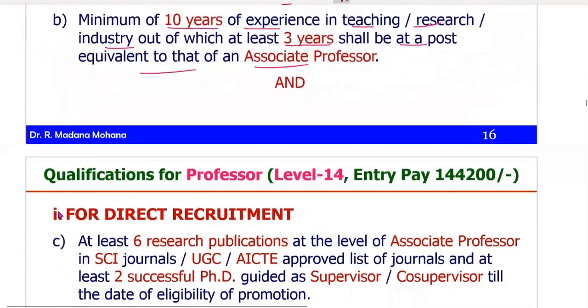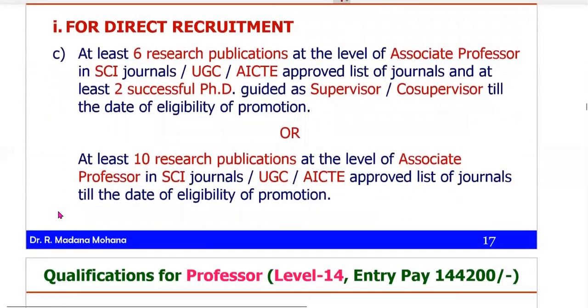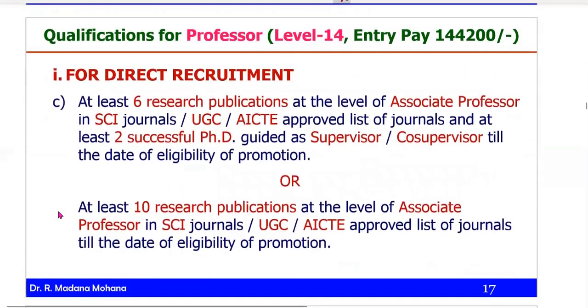And the third condition, so third condition here, 2 cases are there. At least 6 research publications at the level of associate professor in SCI, UGC or AICTE approved journals, and at least 2 successful PhDs guided, means awarded as a supervisor or co-supervisor till the date of eligibility of promotion, either this condition or the following condition.